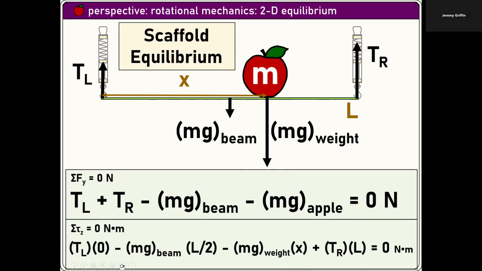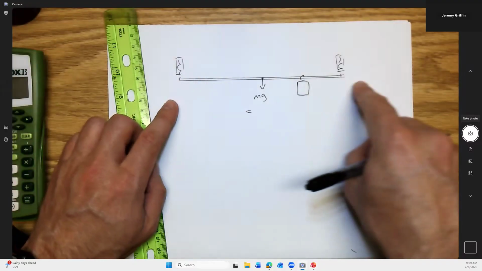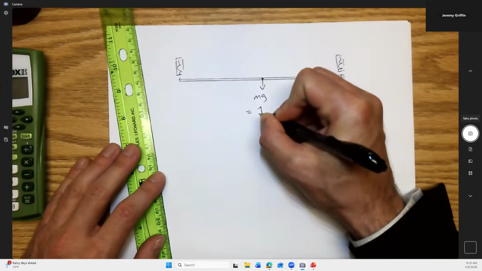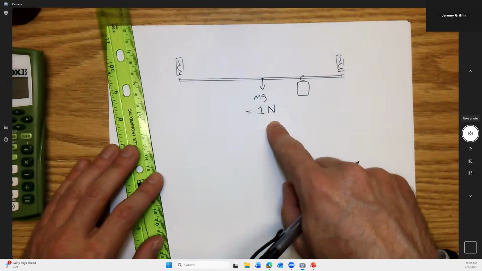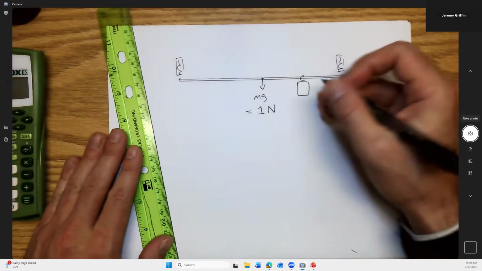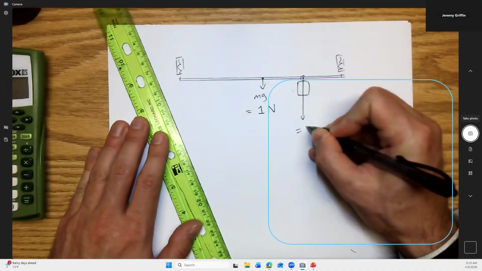You said the upward thrust is the same. All right, you guys got that? Got it? All right, let's do a numerical example. Let's say this beam right here weighs 1 Newton, which I think is pretty close to your meter stick. I think your meter stick weighed about 1 Newton. Okay? And then I'm going to hang on this lab weight. Let's have this weigh, how about 5 Newtons?